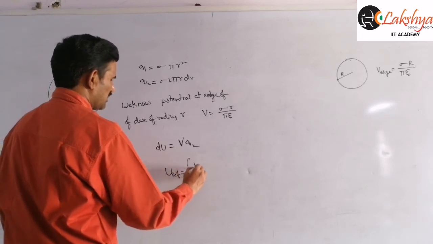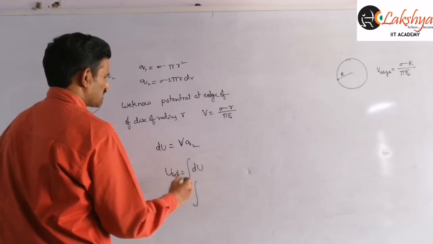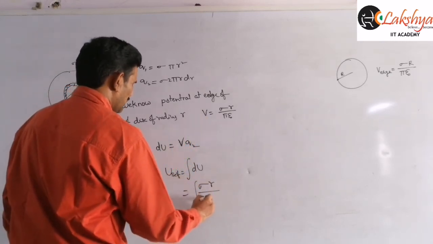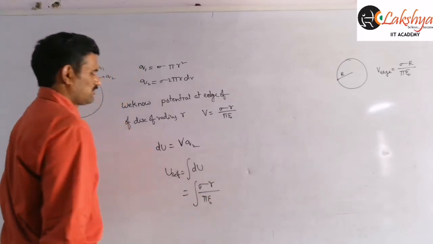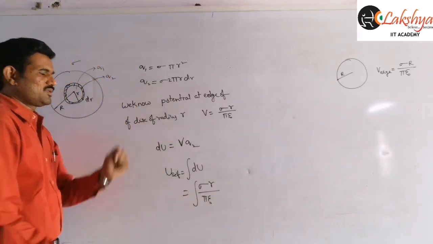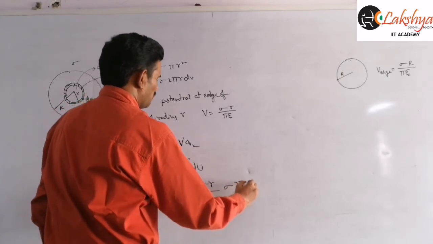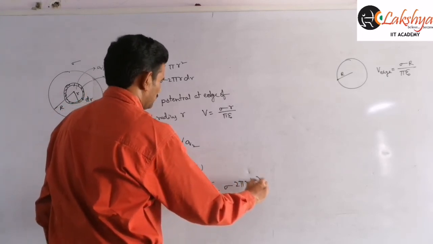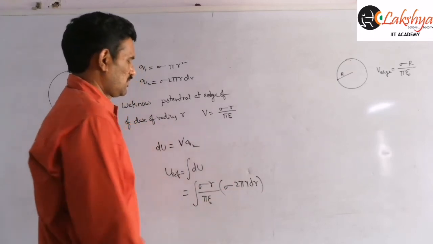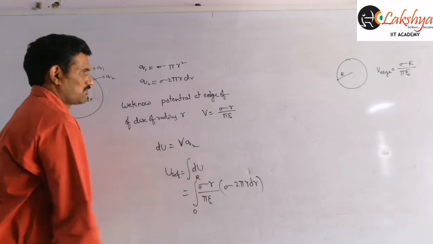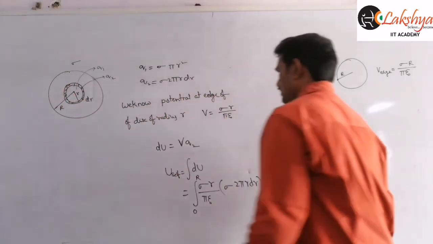Let us substitute the V value, sigma into r by pi epsilon naught, into Q2, which is sigma into 2 pi r dr, and r varies from 0 to capital R. Then you get the complete disk.